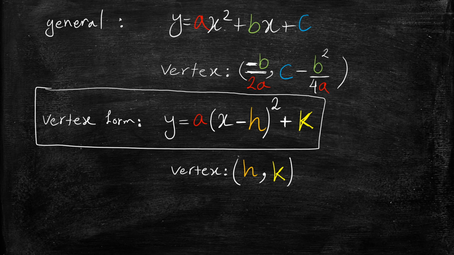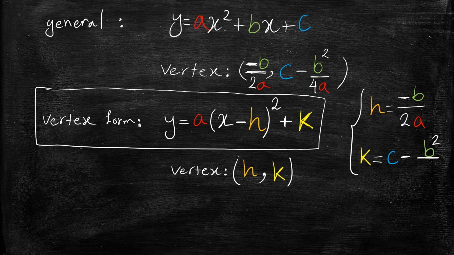Now the question is, how do we convert a quadratic equation from general form to vertex form? And that is easy too, because now we know the h equals the x of the vertex, which is minus b divided by 2a. This 2 has to be white to follow the color code. So minus b over 2a, that's the h, and the k equals c minus a fraction, b squared divided by 4a.